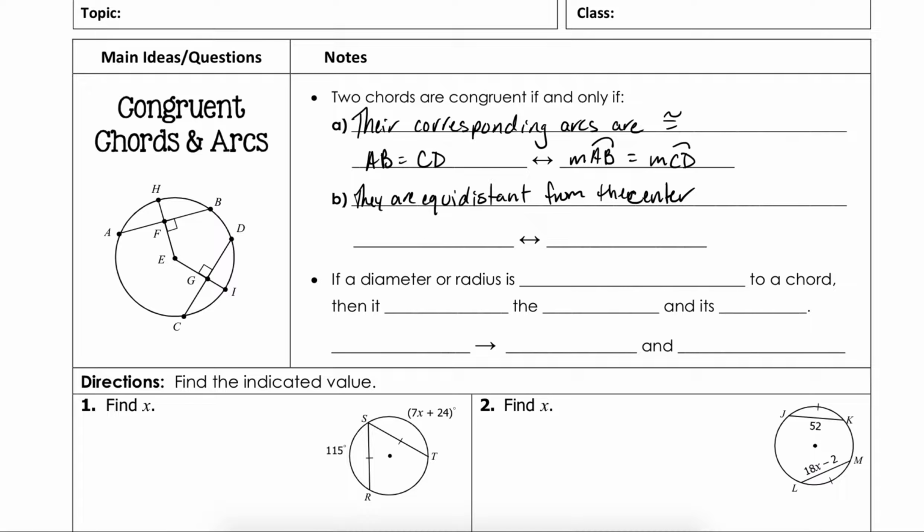Okay, so in this case, again, we're talking about chord AB and chord CD. They're equal if and only if EF is equal to EG. Okay, this makes sense. Look at our picture. Again, AB and CD are equal if they are the same distance from the center, if EF and EG are congruent.